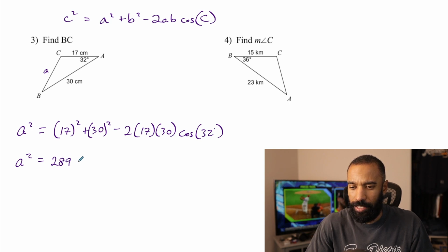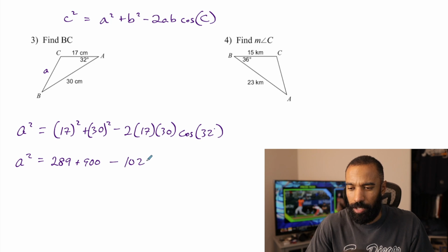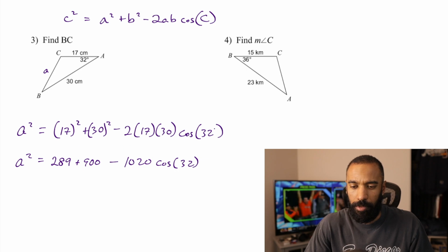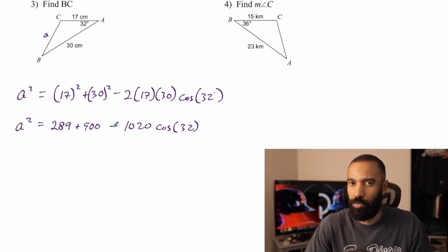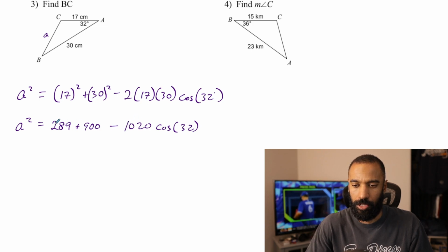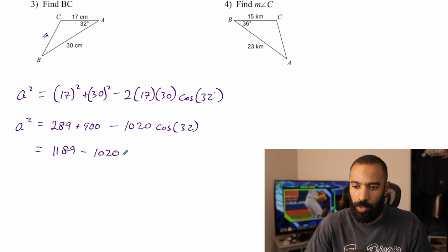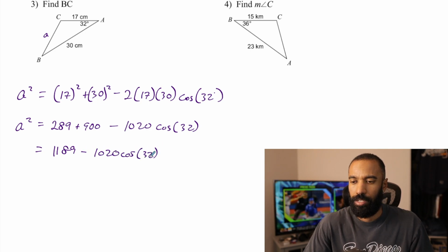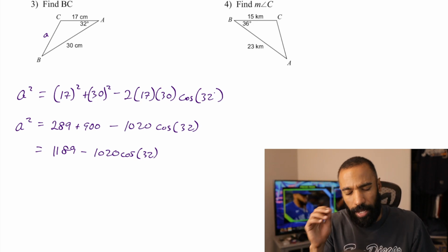So 289 plus 900 minus 2 times 17 times 30, 34 times 30, oh boy, 1020, I think. I don't want to be wrong on that. I think 1020, and this is 1189 minus 1020. I'm going to double check that part. 2 times 17. Oh, you know what? That's right. I think that's right.